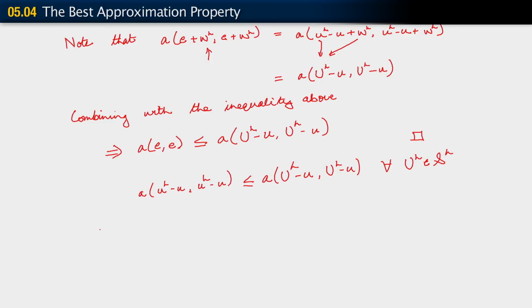Okay, so re-emphasize that. Let me just state that this is what we mean by the best approximation property. Okay, and just remember in all of this that what we have as little UH is indeed the finite element solution.